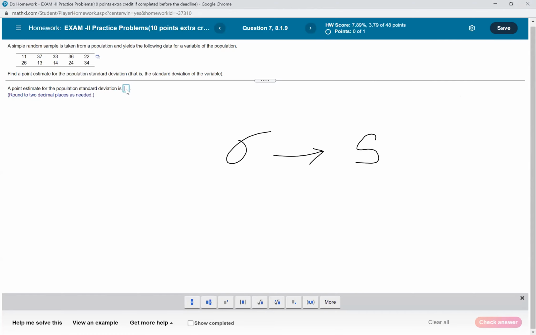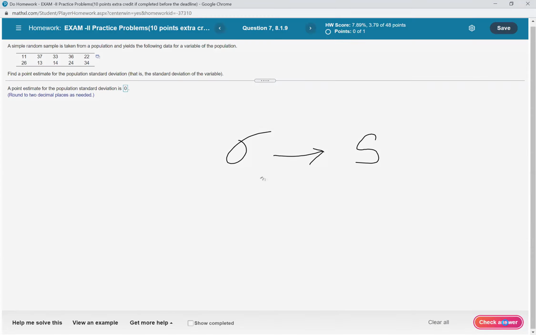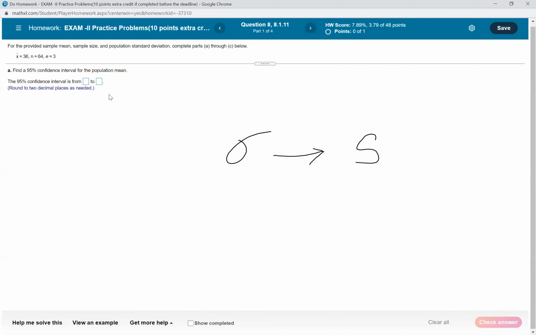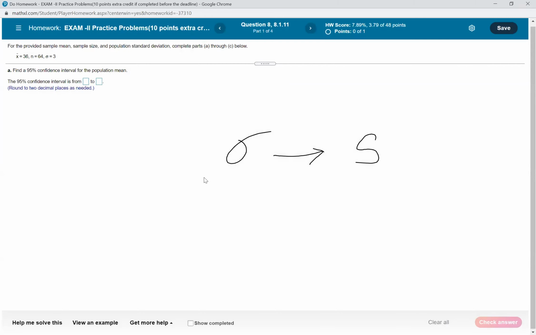I'm not going to calculate this, but you have to, but I'm just putting 0 and moving forward. Okay, so if you calculate, you will get the sample standard deviation is 9.9 for that question.